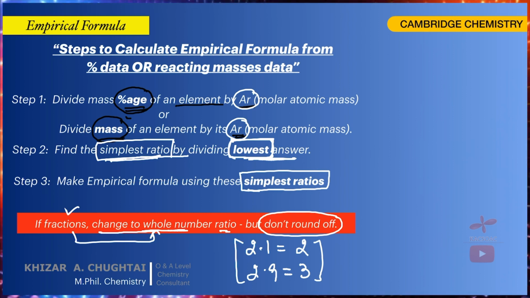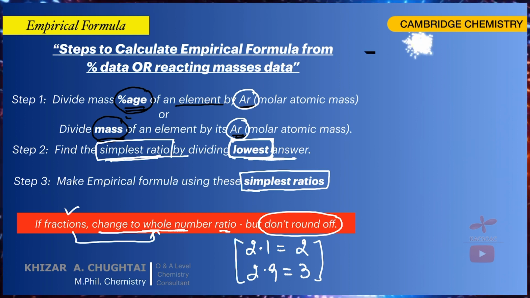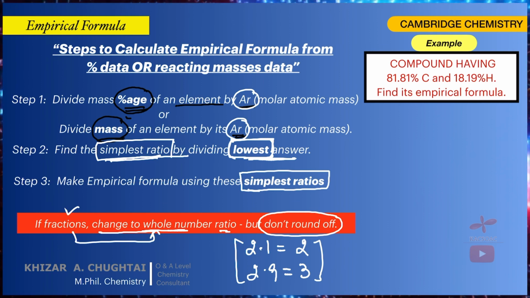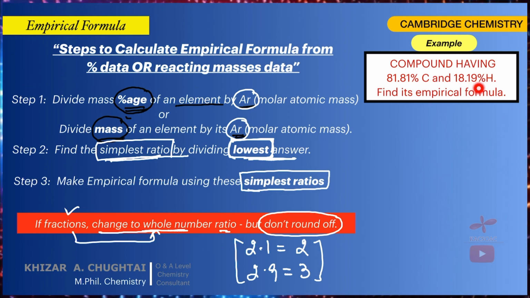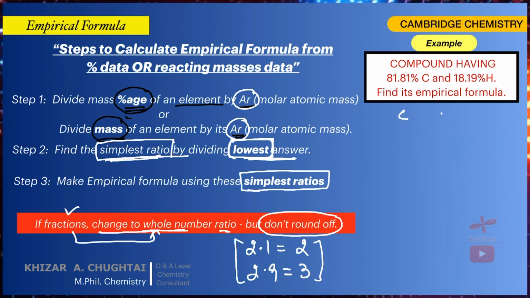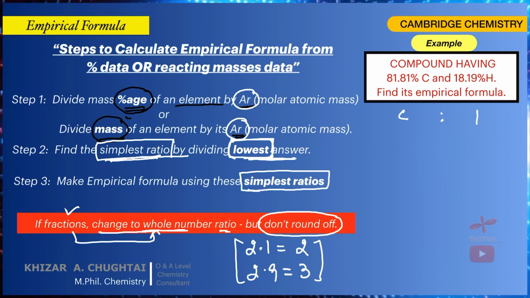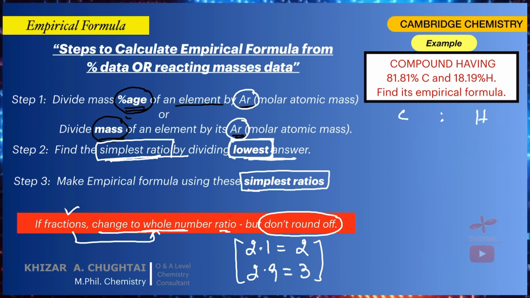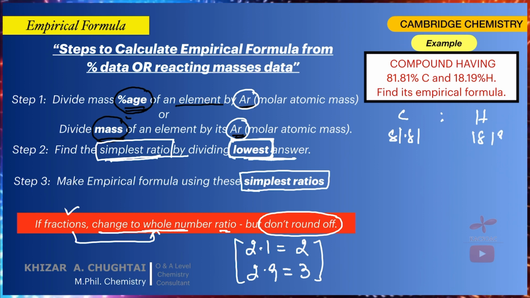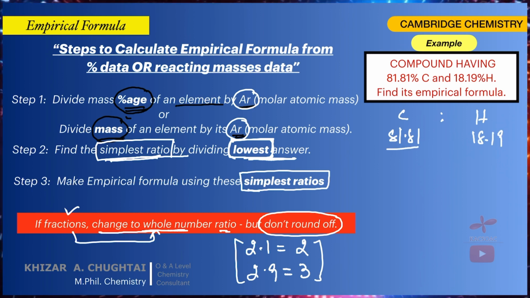Let's see an example of how to calculate the empirical formula. A compound has 81.81% carbon and 18.19% hydrogen. Find its empirical formula. We take the percentage of carbon, 81.81, and of hydrogen, 18.19, and divide by AR.